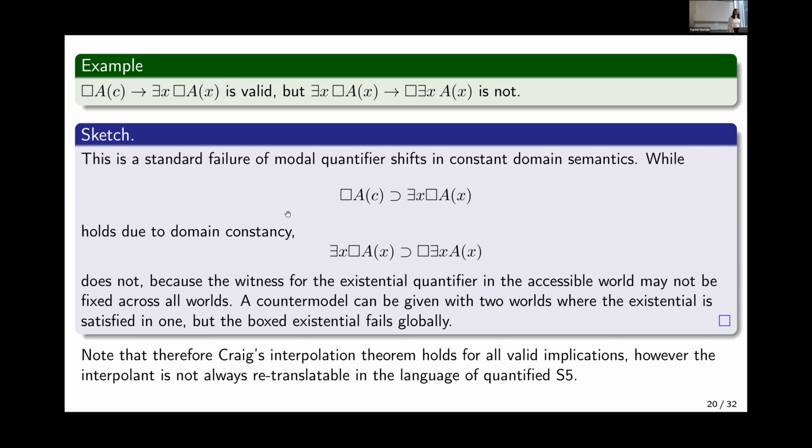For example, this formula, which is a standard quantifier shift in constant domain, is valid because we assume that we have constant domain S5, but here the translation doesn't hold.